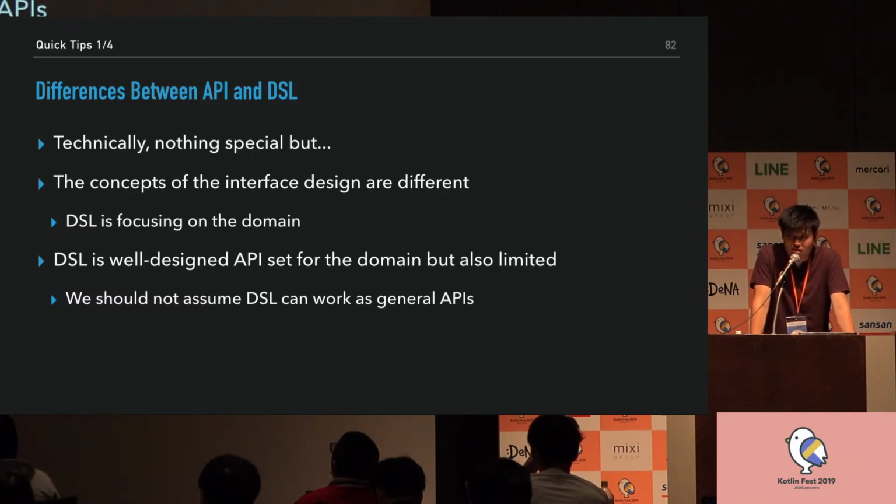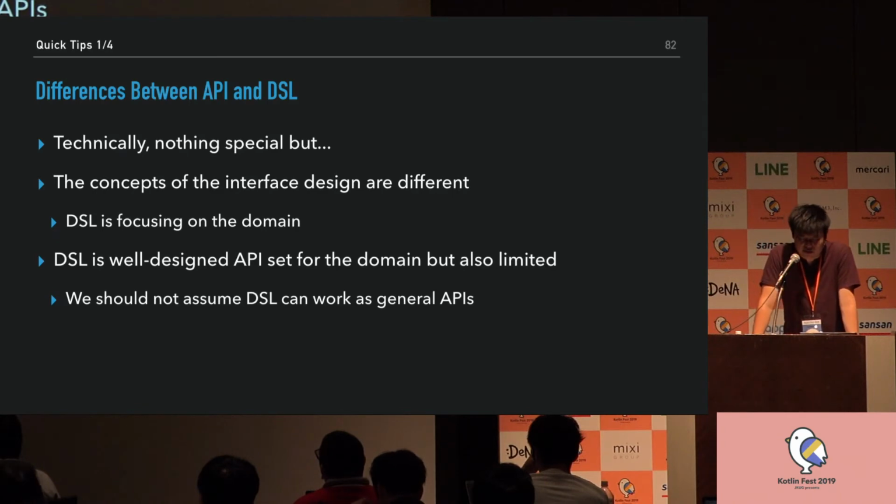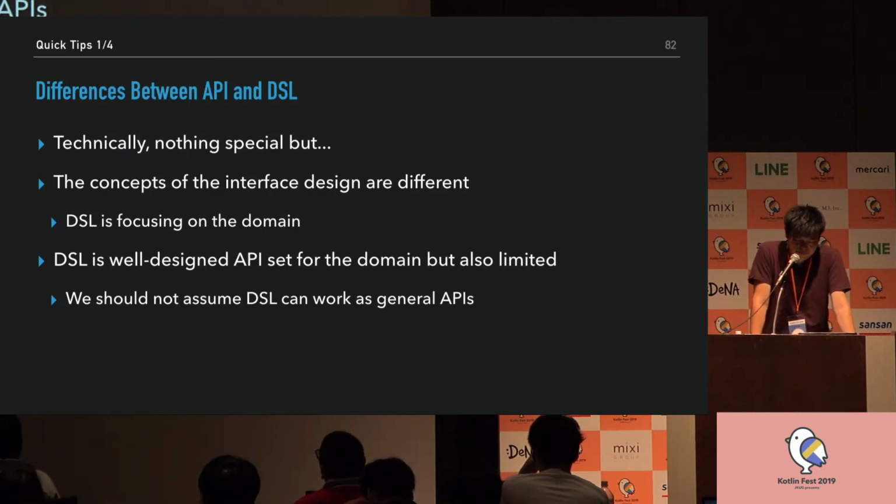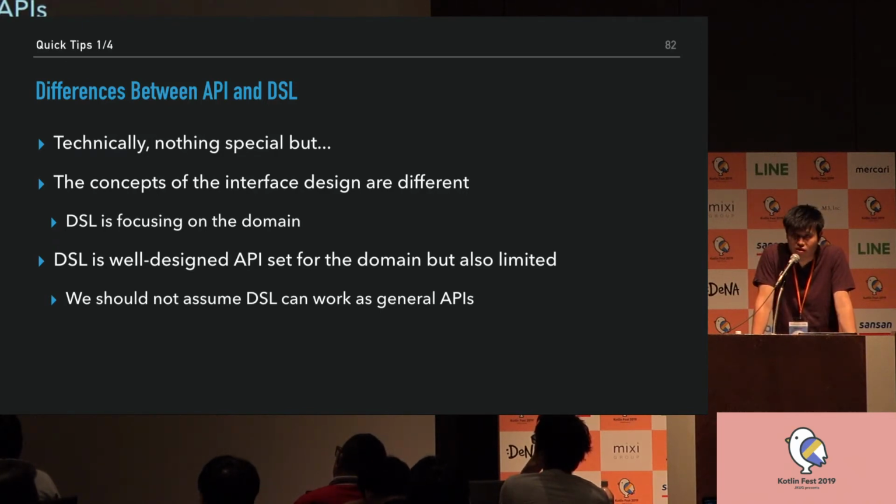So DSL is kind of a well-designed API set for the domain, but also it may be limited. Therefore, we should not assume a DSL can work as general APIs.